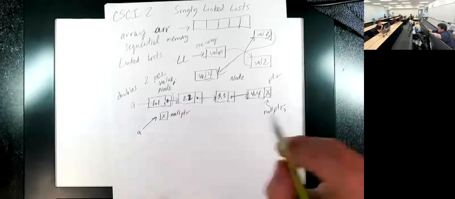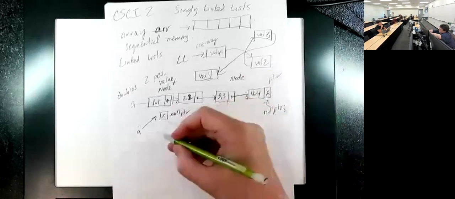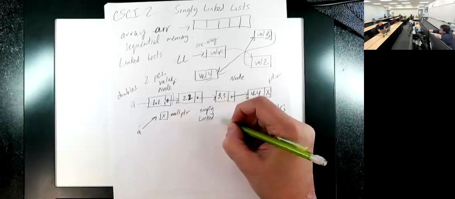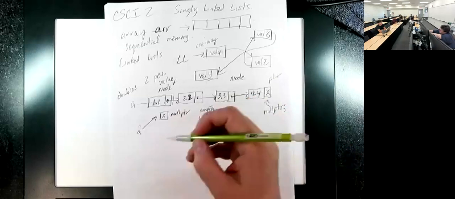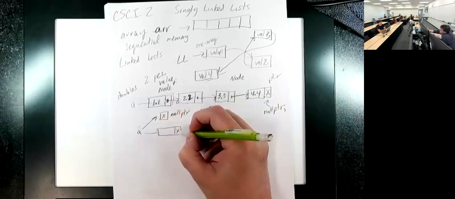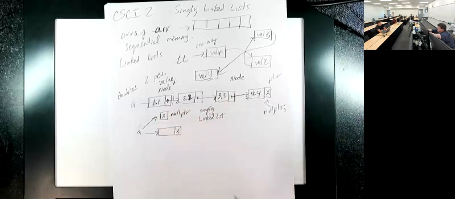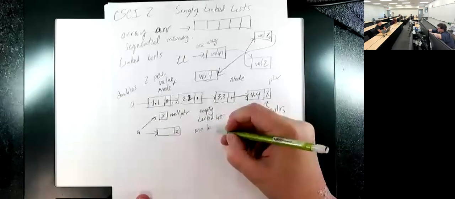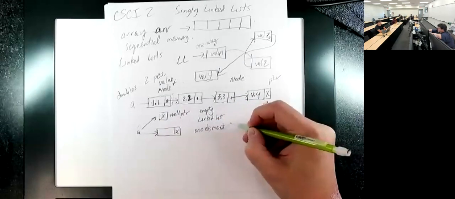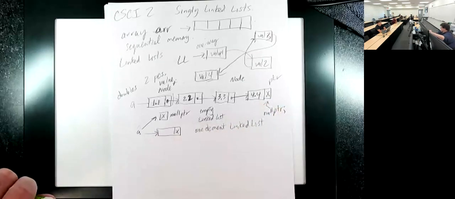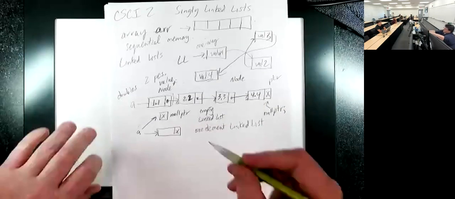So this is a linked list, but it's an empty linked list. Where it points to just a null pointer is an empty linked list. If it points to just one node, this is a one element linked list.